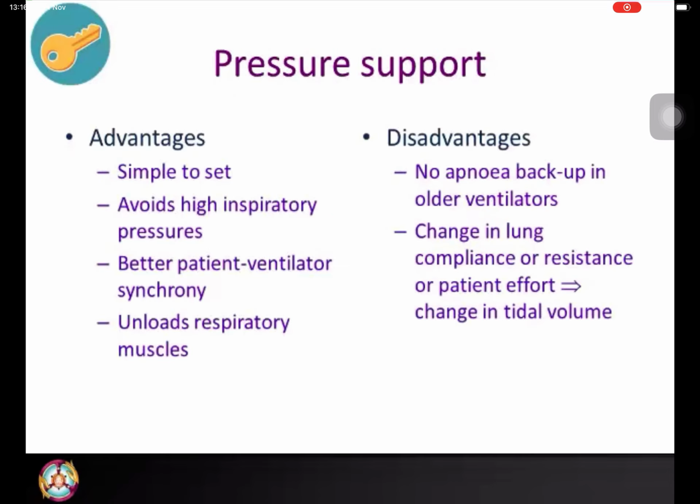The advantages and disadvantages of pressure support are shown here. It has the advantages that it is simple to set, avoids high inspiratory pressures, results in better patient-ventilator synchrony, and unloads the respiratory muscles. However, changes in lung compliance, resistance, or patient effort may result in changes in tidal volume.